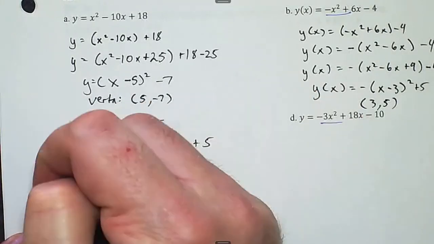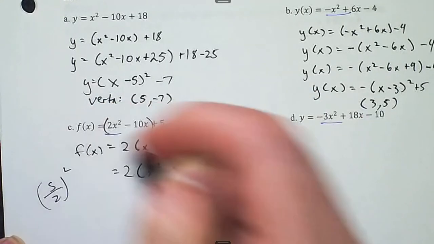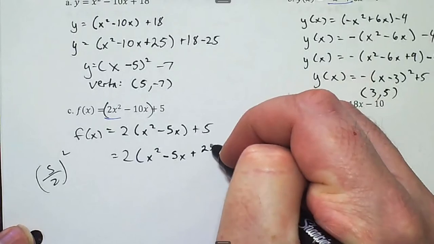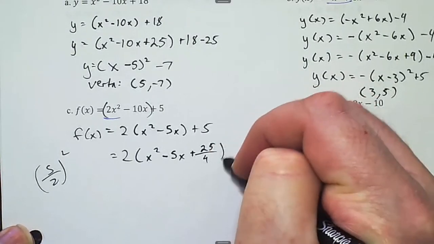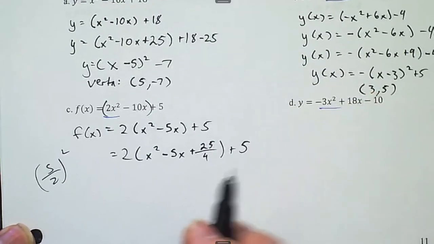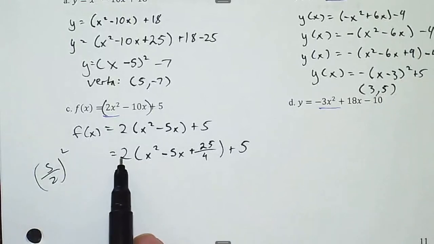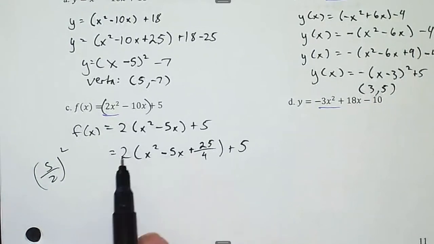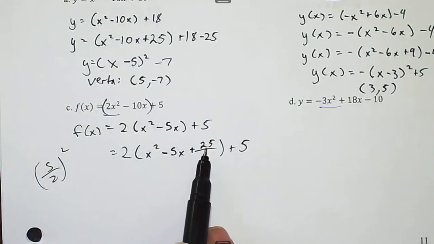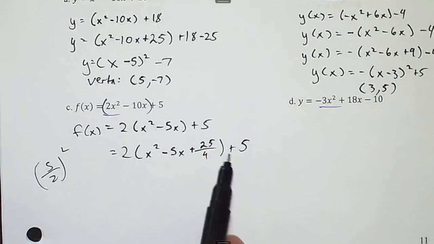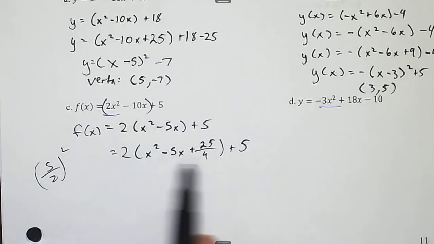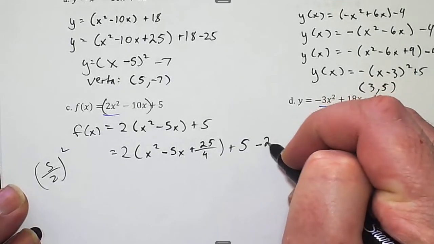Squared, when you square 5 over 2, square the top, square the bottom. And so what I really did, though, is if you multiply this 2 times 25 over 4, I really added 25 over 2 because the 2 and the 4 reduced. So I need to subtract 25 over 2.